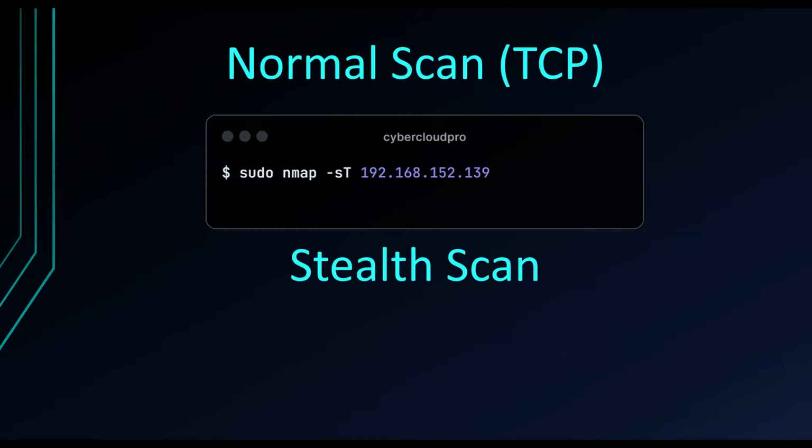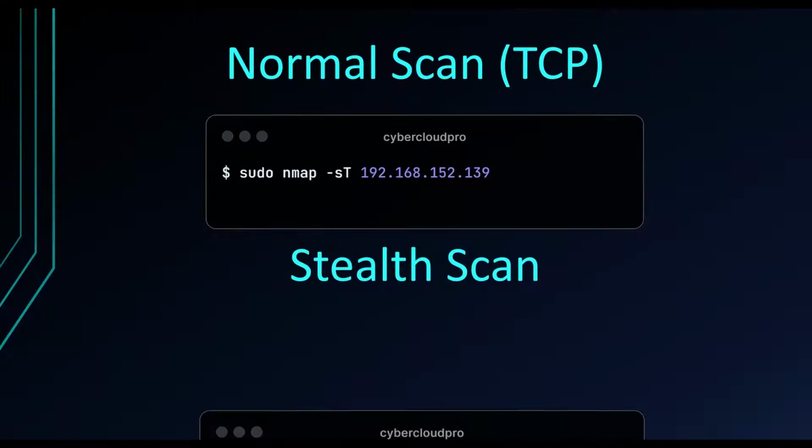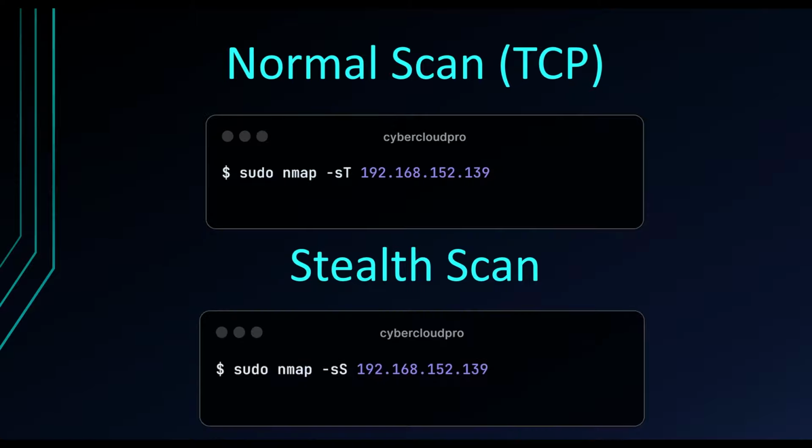So a three-way handshake will not take place and there will be no session created. So for blue teams, it will be hard to detect whether something is really connected to the network or this was just a false alarm, right? To do a stealth scan, what we will do is sudo nmap -sS and the IP or the network ID.